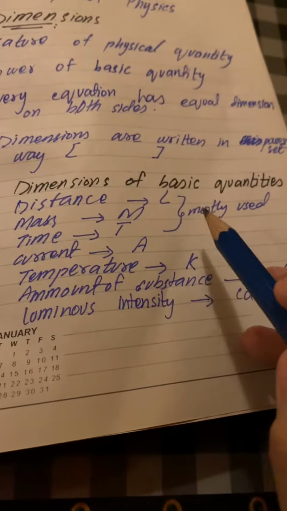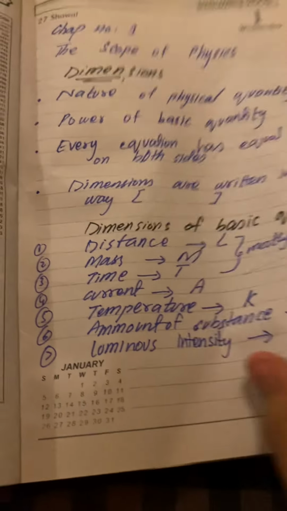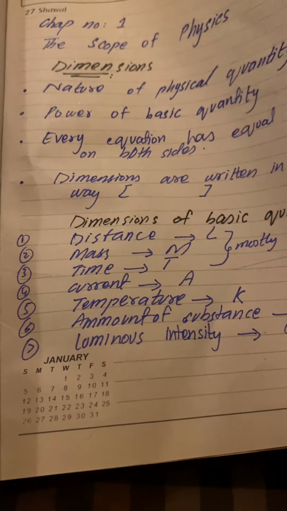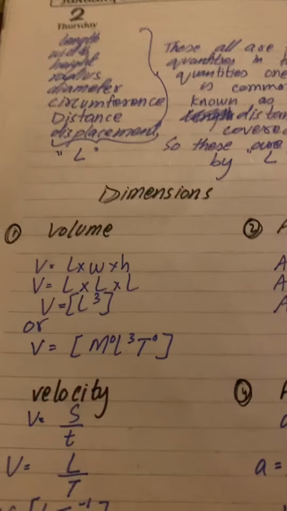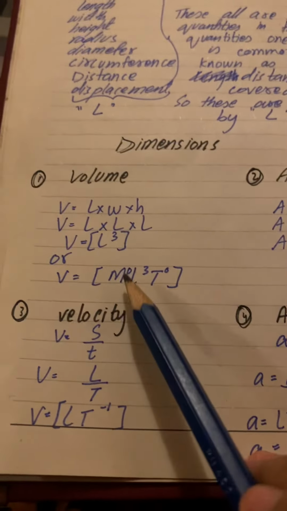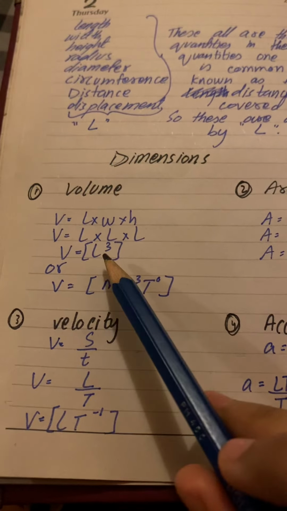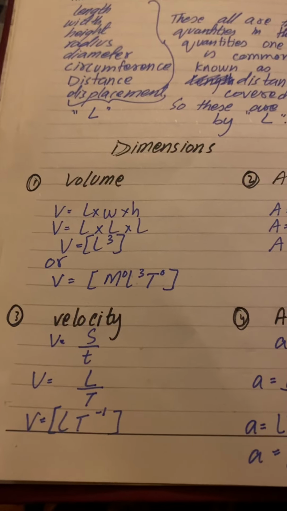Length, mass, and time are mostly used in physics. The others are not as important, but the main common ones are distance, time, and mass. So here mass is 0 because no mass is given, length is 3, L cube, and time is 0 because no time and no mass is given in volume.